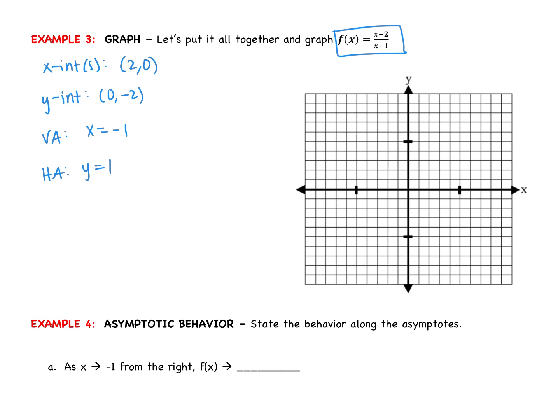First thing I'm going to do is the asymptotes. x equals -1 is going to be this vertical dashed line. And then we also have a horizontal dashed line.